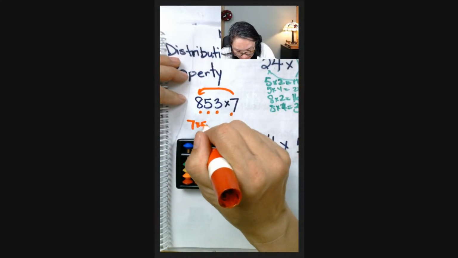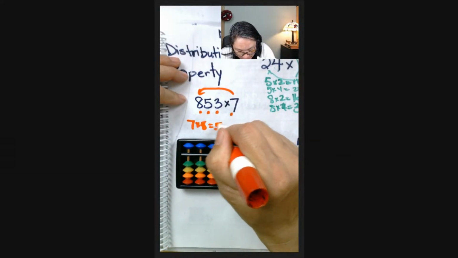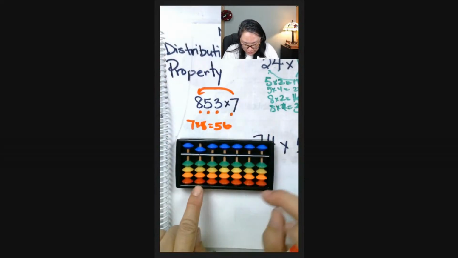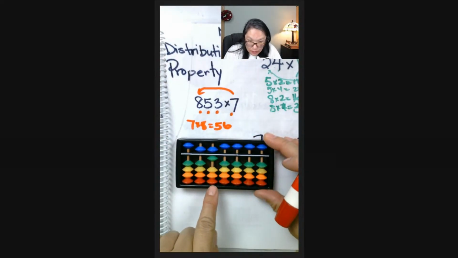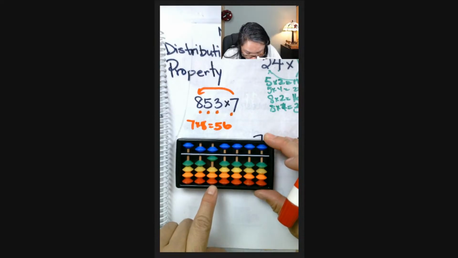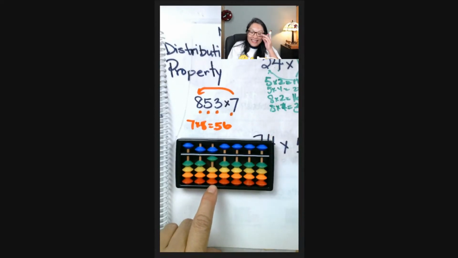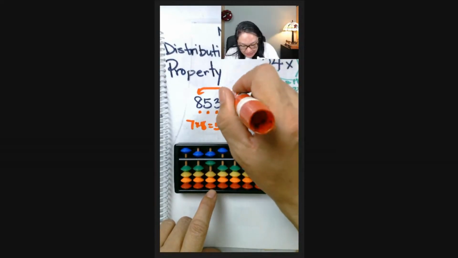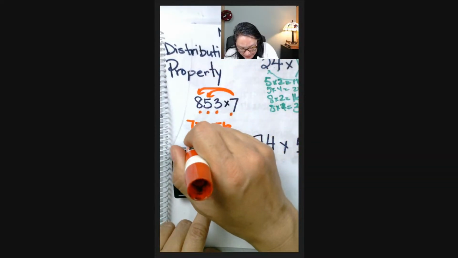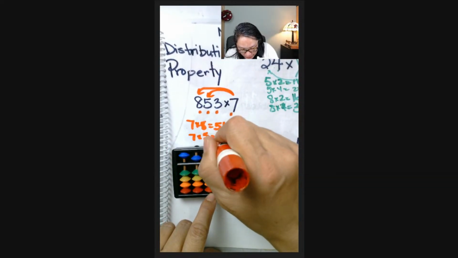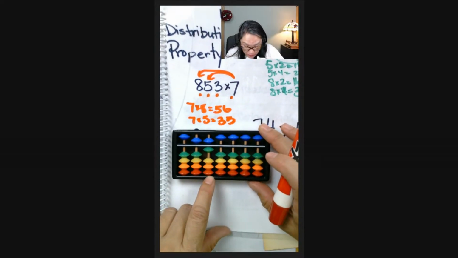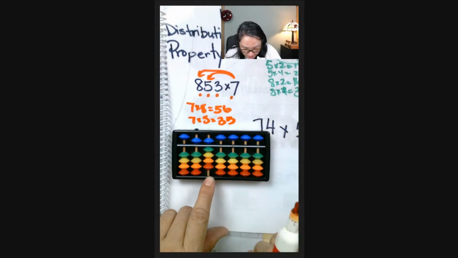7 times 8 is 56. 1, 2, 3, 4. Add the 5, add the 6. I'm over here. 56. Okay, thank you, Char. It's getting late and I'm starting to feel it. So what's next? 7 times 5. 7 times 5 is what? 35. Hey, Jose. Thank you, Char. 30.